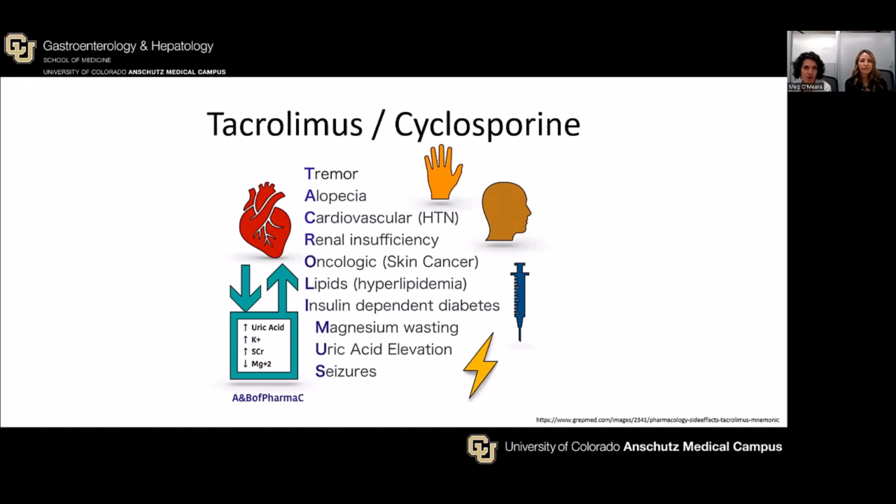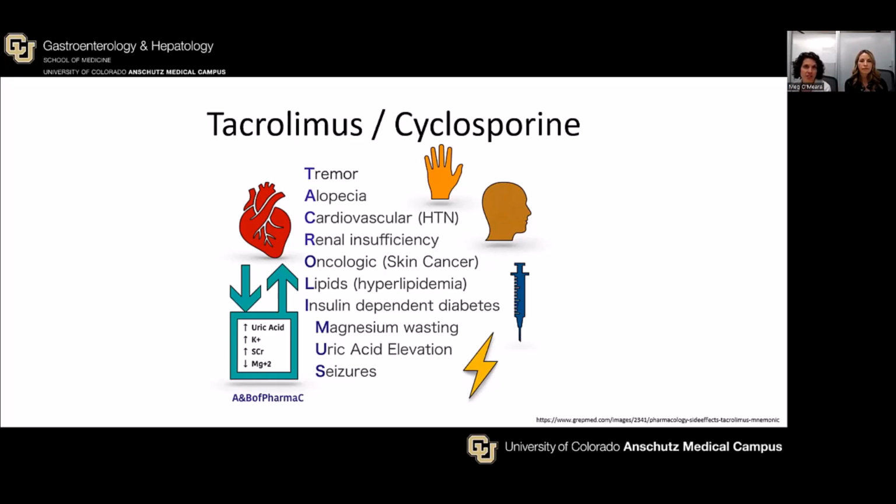So T for tremor, the neurologic side effects. Tremor, headaches, and peripheral neuropathy can all be common. A for alopecia, so hair loss on tacrolimus and cyclosporin. C for cardiovascular side effects. It is common to see elevation in blood pressure after initiation of immunosuppressive agents. So we monitor patients who may have struggled with low blood pressure as a cirrhotic, now coming back to clinic with blood pressure elevations.